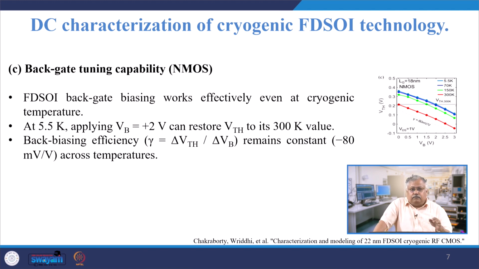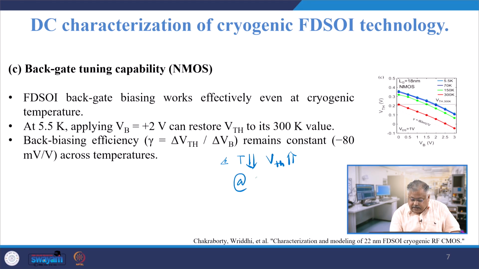Now, I have already seen that with decreasing temperature, threshold voltage increases, right? So, if I give a positive bias, for an N-type MOSFET in this case, a positive bulk bias will try to restore the threshold voltage to a lower value. I will try to explain this with a simple figure. We learned in the previous slide that as T goes on decreasing, my threshold voltage goes on increasing, right?